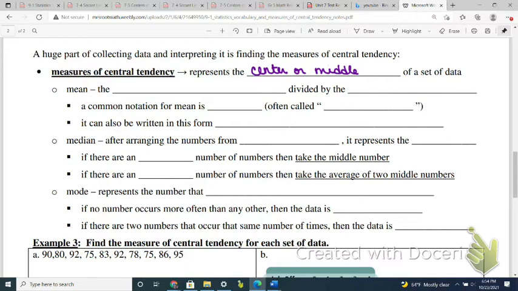So your mean, remember, is the sum of the numerical observations divided by the number of observations.